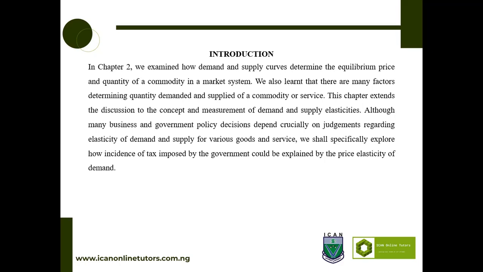Many businesses and government policy depend crucially on judgment regarding the elasticity of demand and supply for various goods and services. So now we'll be discussing these two changes in price, and demand with supply.